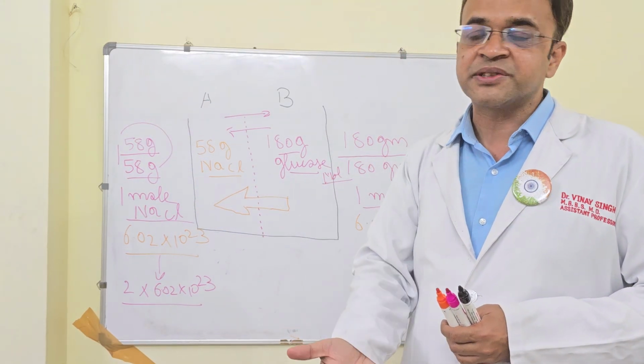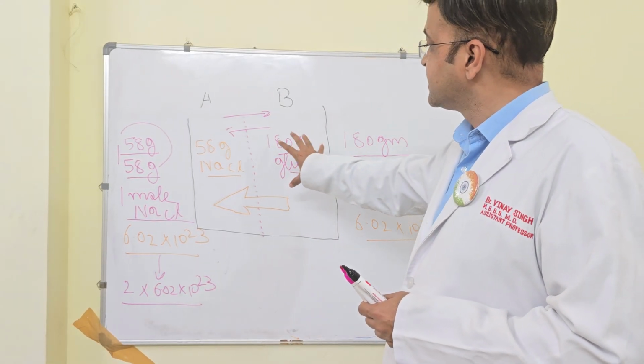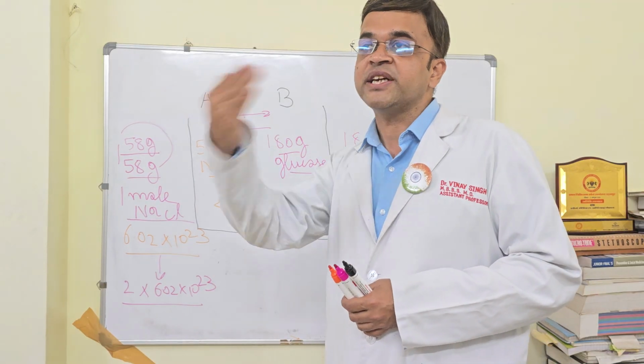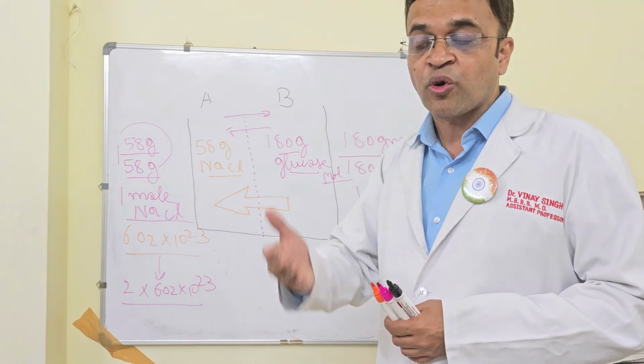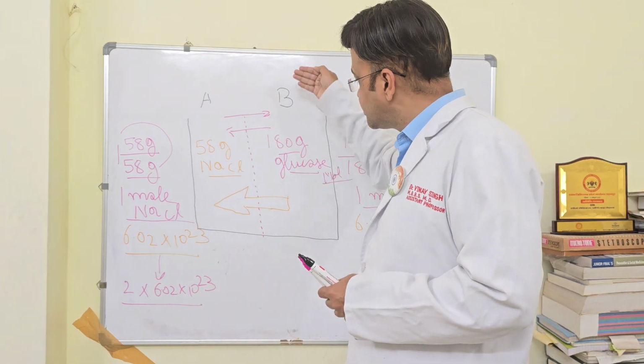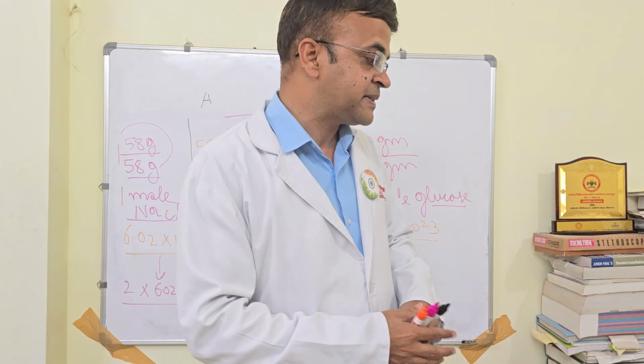That's 11th and 12th chemistry. But over here, glucose will stay as one molecule. So your side A has twice the number of particles compared to side B, so the movement will happen from B to A.